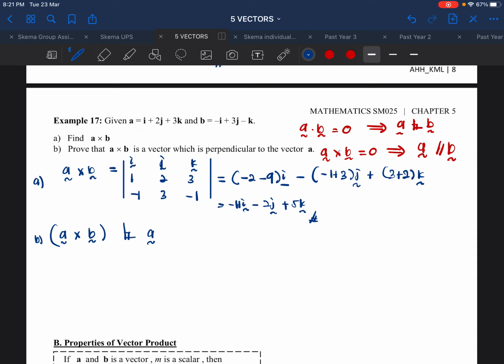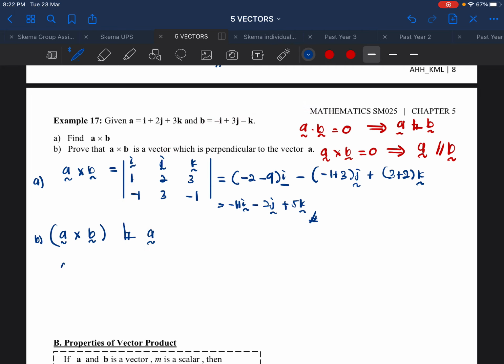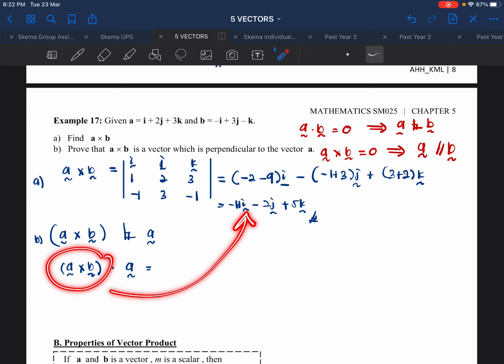So, apa yang kita boleh buat, kalau perpendicular maksudnya A dot B equals to 0. Ini yang kita nak cari, kita nak wujudkan benda ni. So, kita boleh letak A cross B dot dengan A. Okay, so A cross B, kita ada dah nilai dia dekat sini: negative 11, negative 2, 5.